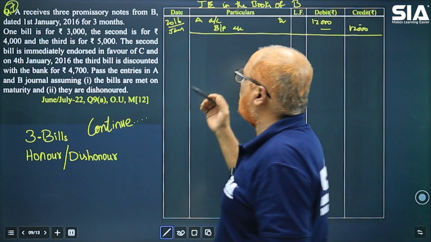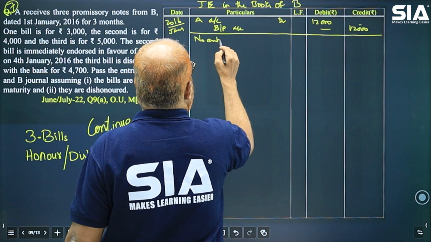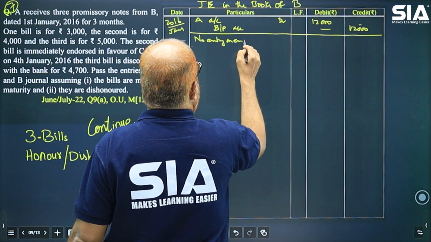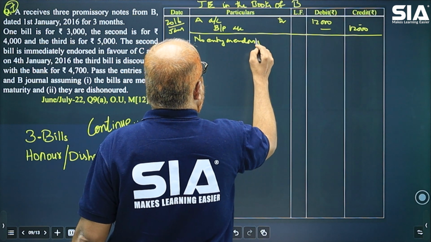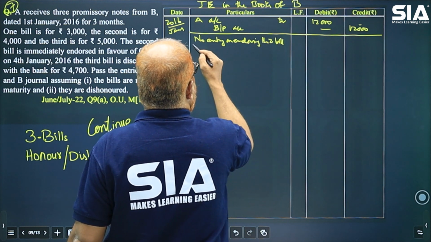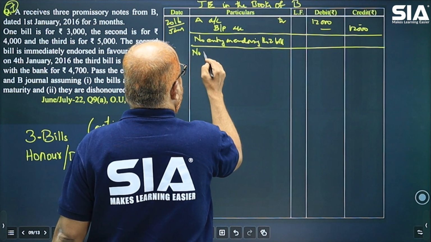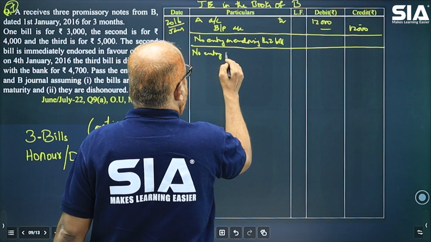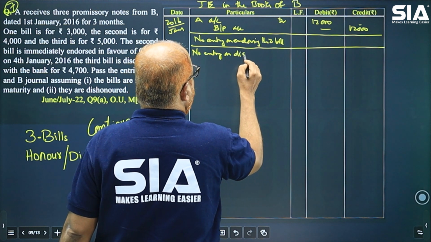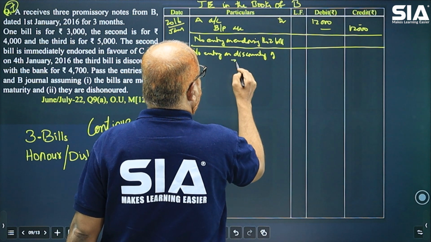So no entry on endorsing the second bill, and no entry on discounting of the third bill.